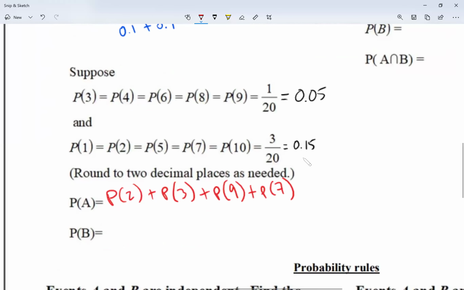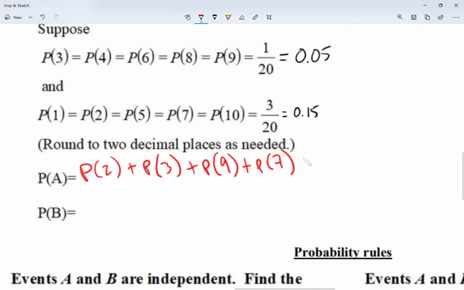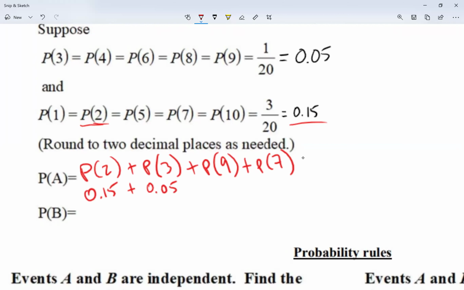Now I know each of these probabilities, let me zoom in, has a different percentage or decimal. Probability of 2, I know is 0.15. How do I know? It's right here. Probability of 3, I know is 0.05.